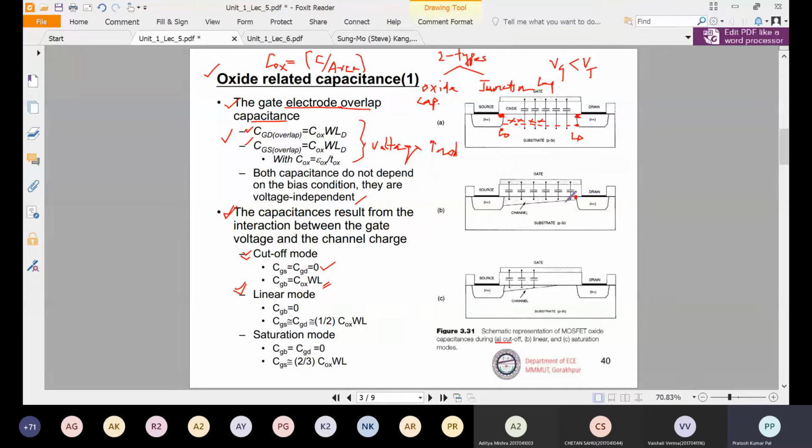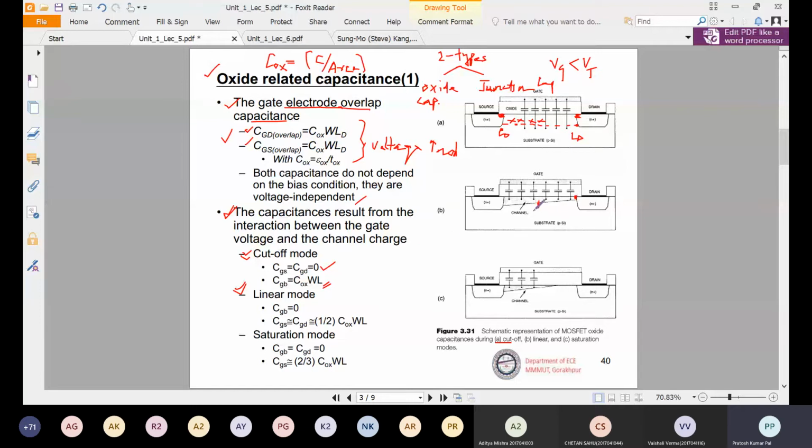Even then, what we do is equally divide the channel into two halves. These capacitances are basically just an approximation. So we are just estimating the capacitance of the MOSFET.